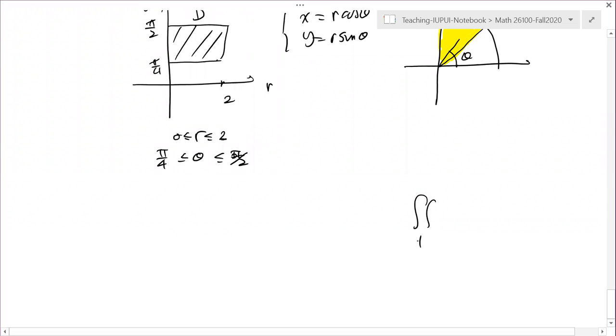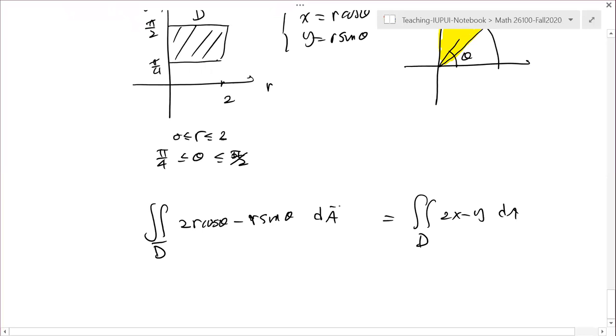The integral over D of 2x minus y dA can now be translated to the double integral over D bar. Here 2x is 2r cosine theta, y is r sine theta, then dA bar.